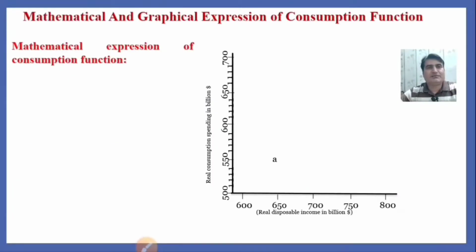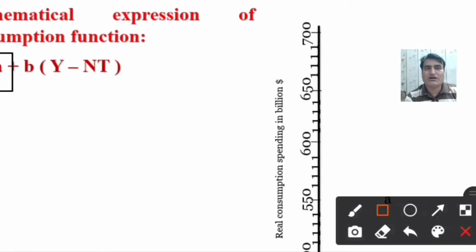This is the mathematical expression of the consumption function: C = A + β(Y − NT). A means autonomous consumption, which is the consumption that is independent of the level of income. Beta means the slope, or the change in consumption with an increase in disposable income.